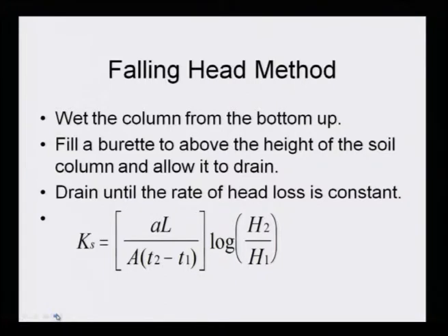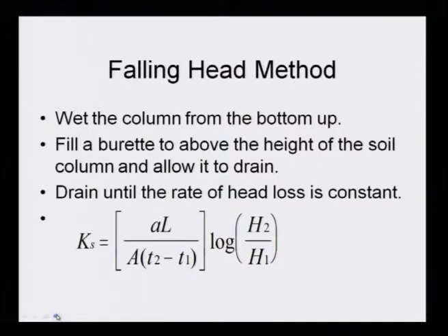Now, coming to the falling head method. In this method, wet the column from the bottom up, fill a burette to above the height of the soil column and allow it to drain, until the rate of head loss is constant. The coefficient of permeability of the soil is found by aL / A(t2 - t1) log(h1/h2).